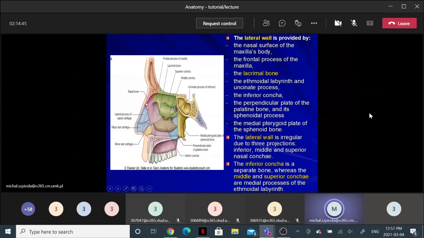So 3 elements that form the medial wall of the orbit are present here.